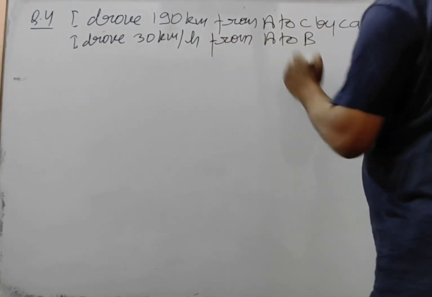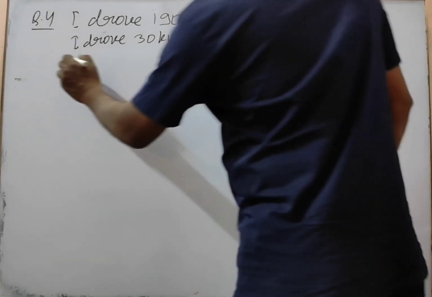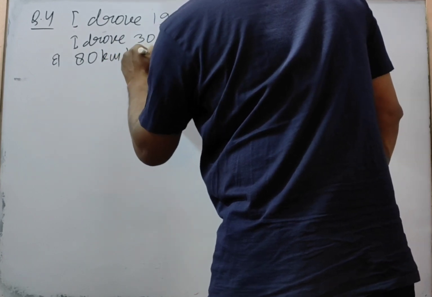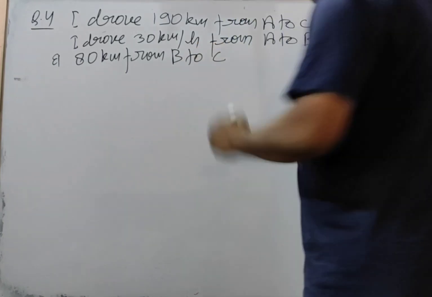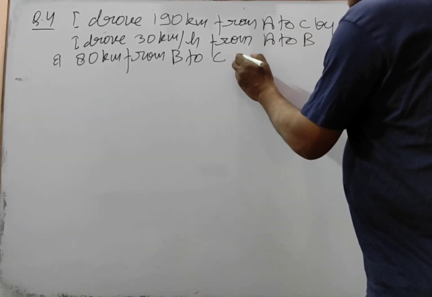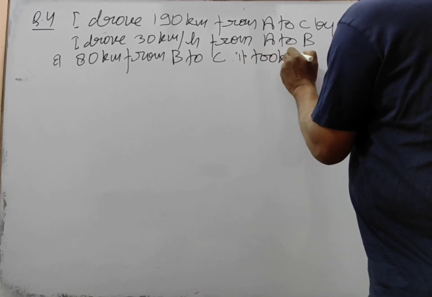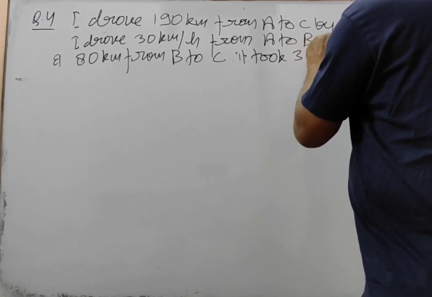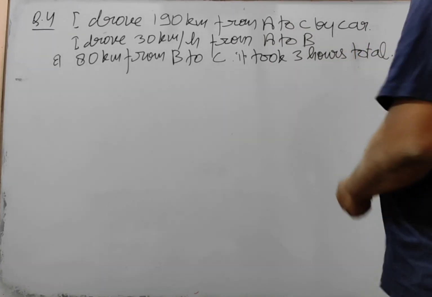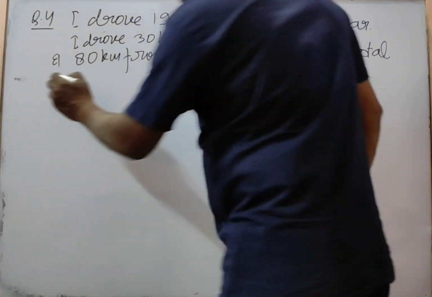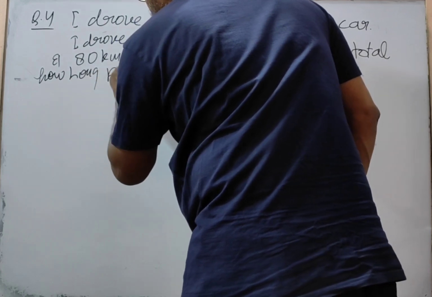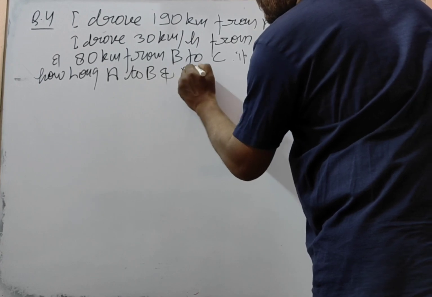And 80 kilometers from B to C. It took 3 hours total. How long? A to B and B to C.